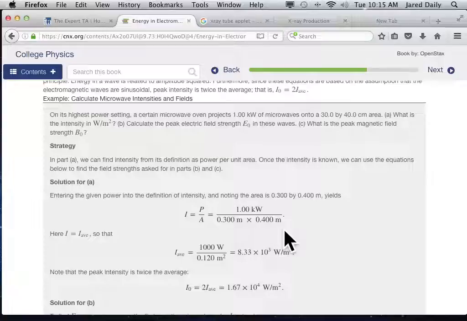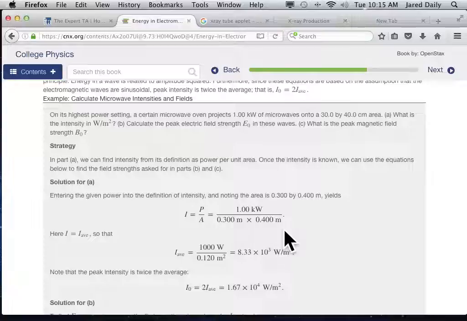So let's talk about the energy of a microwave. We have a 1,000 watt microwave, 1 kilowatt microwave. And we're putting all that energy into a space that's 30 centimeters by 40 centimeters, which is about the size of a small microwave. Maybe a big microwave. You want to know what is the intensity, what's the peak electric field and the peak magnetic field?